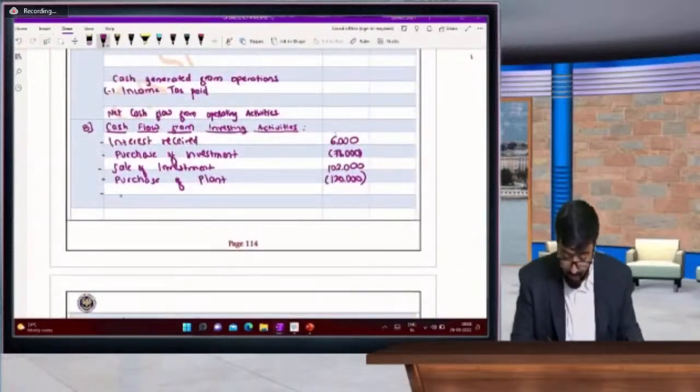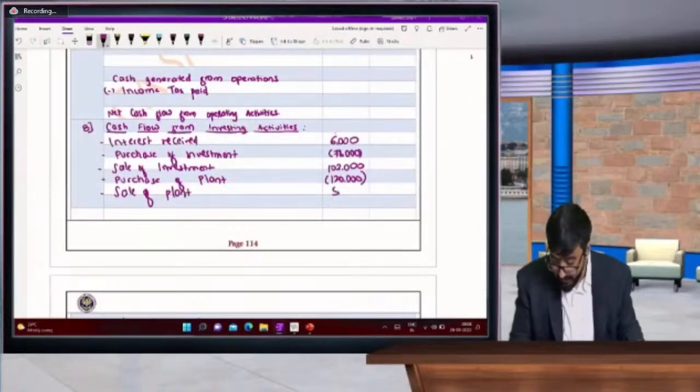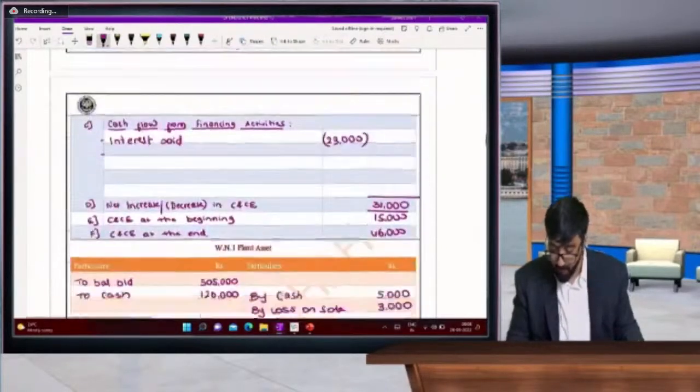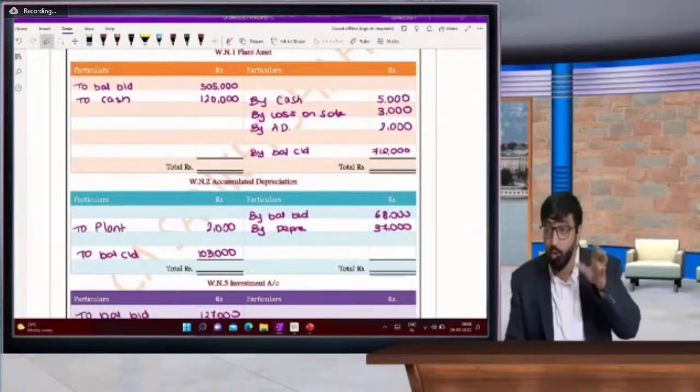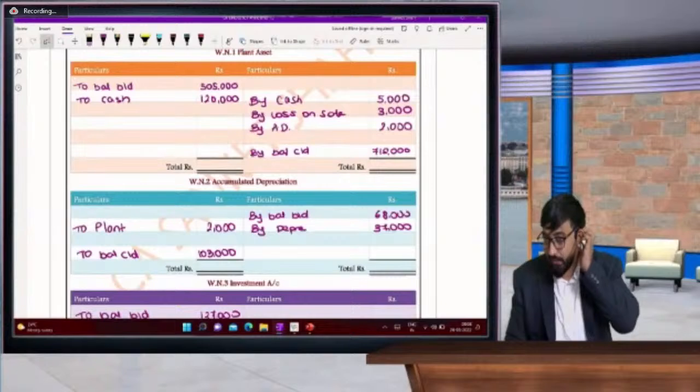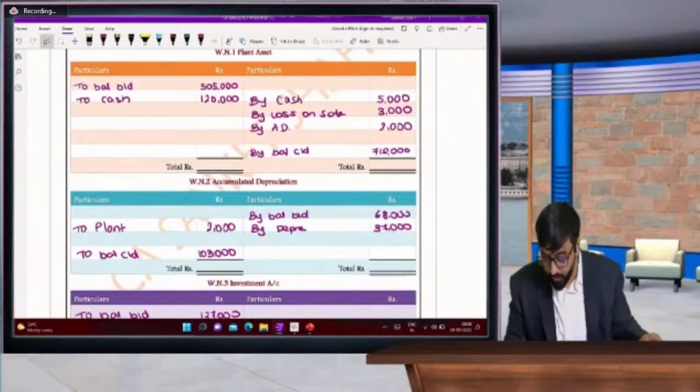So for sale of plant, in investing activity you can write sale of plant 5,000 by cash. And the loss you already booked, beta: one effect in P&L and the second effect on the credit side of the plant account. So 3,000 we already booked, so no need to give the effect once again.